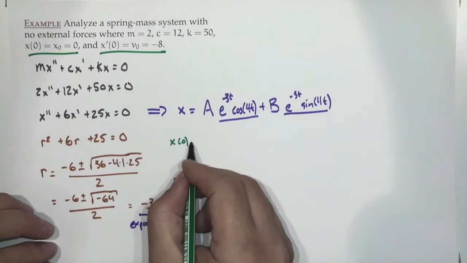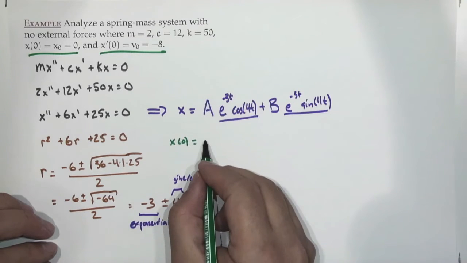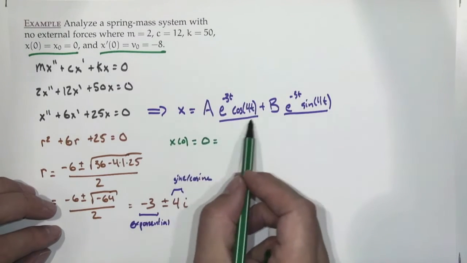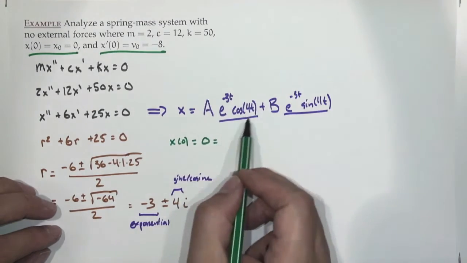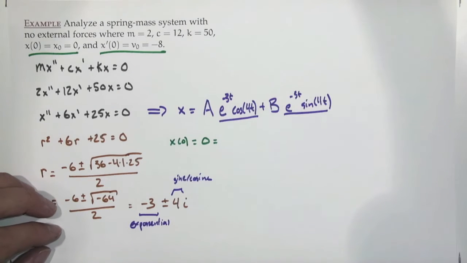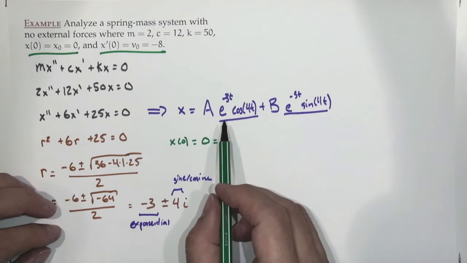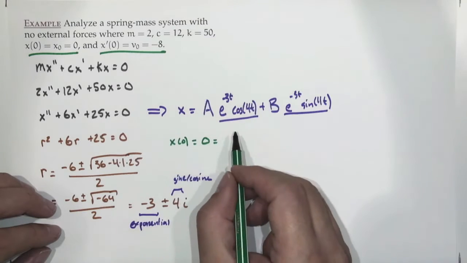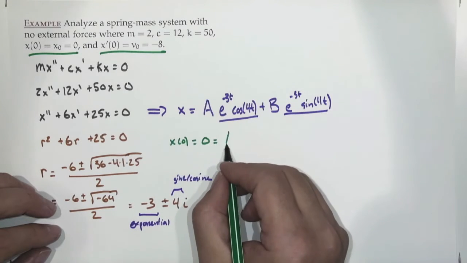So we plug in x of 0, and that equals 0, because I'm just reading it off here. When we plug 0 into this first piece, e to the minus 3t cosine 4t, what comes out? e to the 0 is 1, cosine 0 is 1, so the whole thing is 1 times a, which is a.